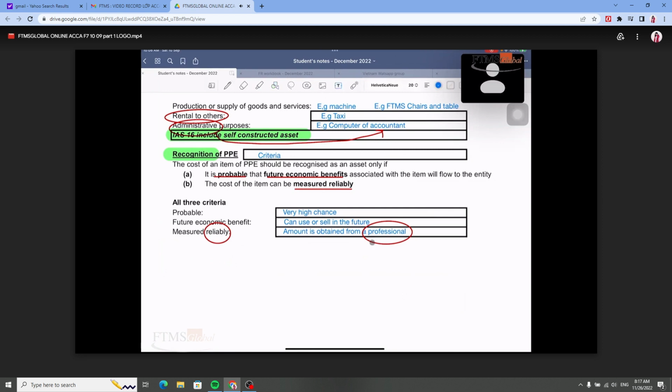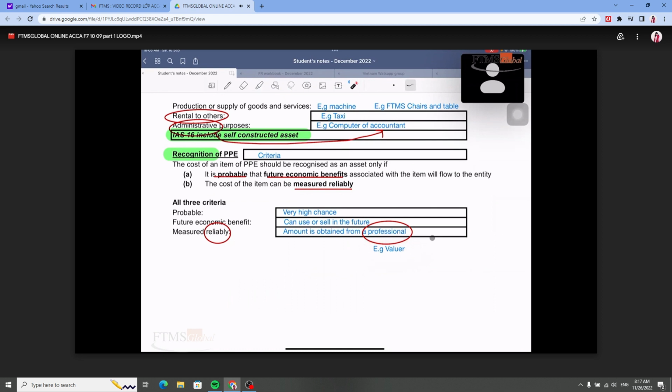There's a group of people who value assets. This group is called valuers. A lot of people thought valuers only value buildings, but not just buildings. You can ask them to value your machine too.